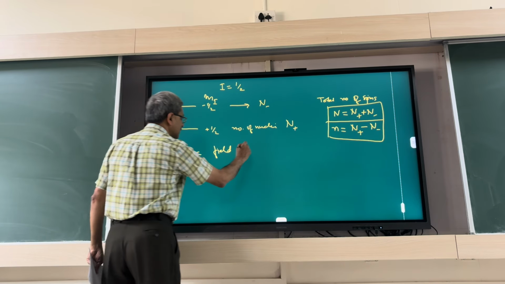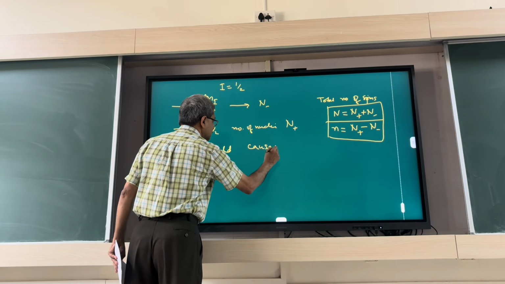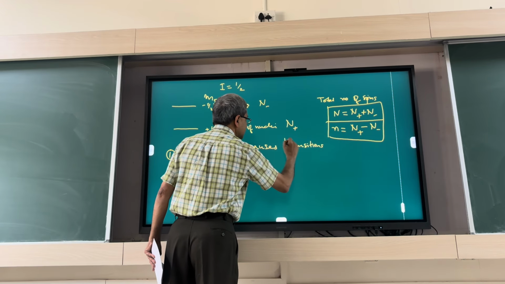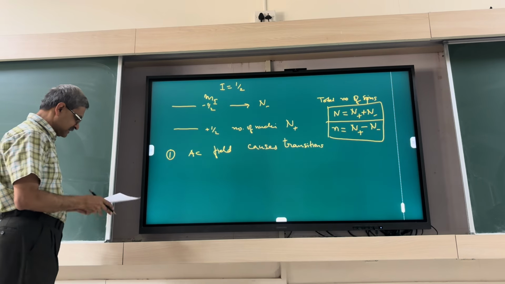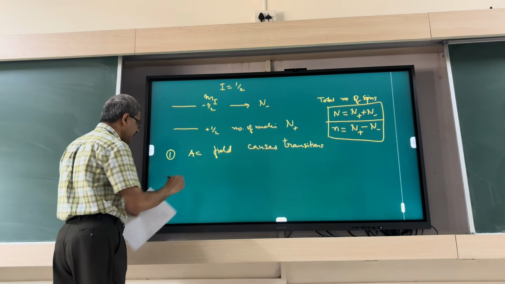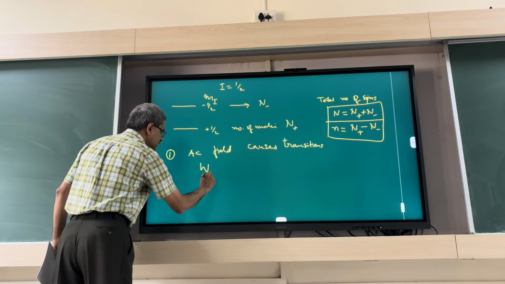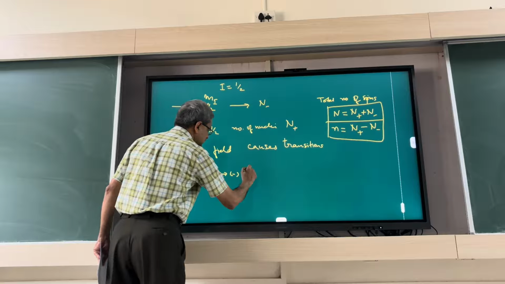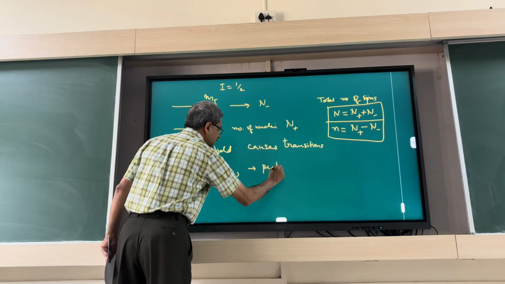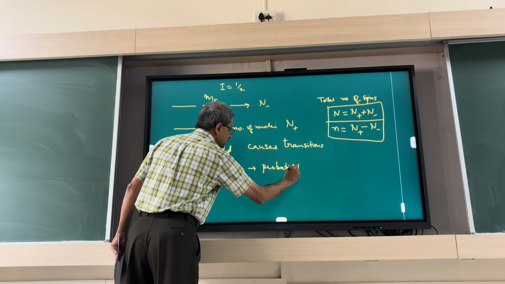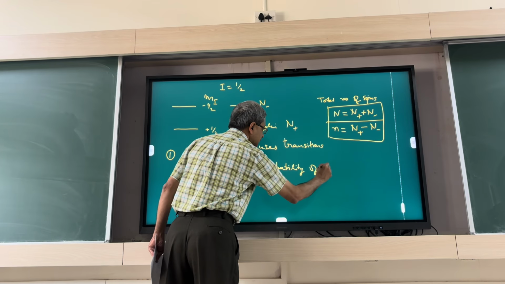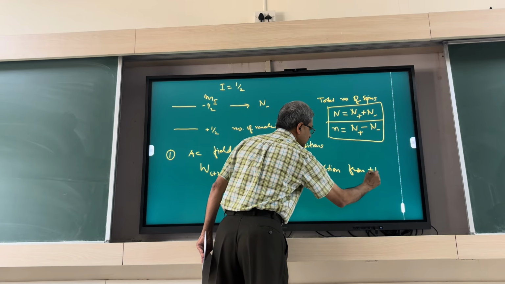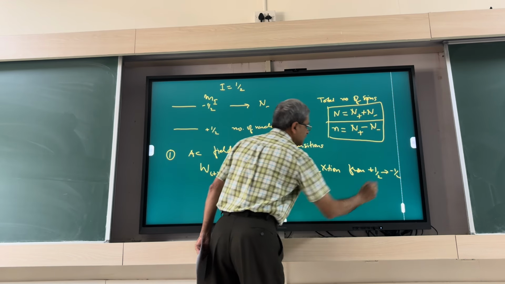So this AC field causes transitions. Let's call W plus to minus the probability of transition from plus half to minus half.